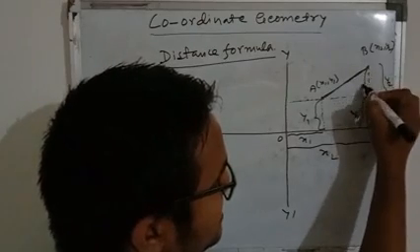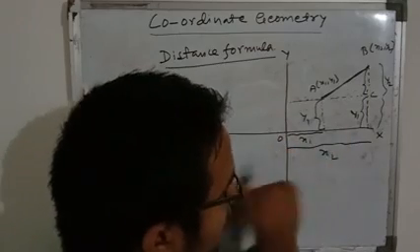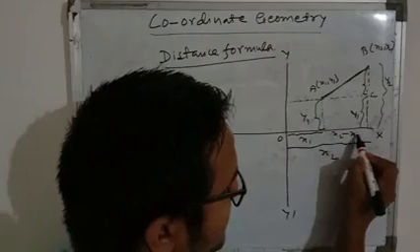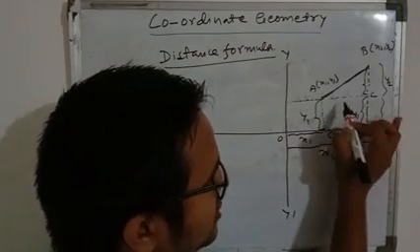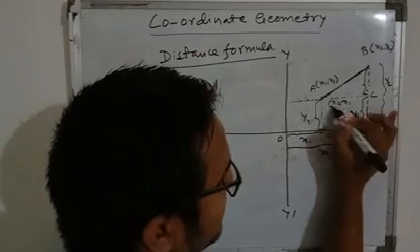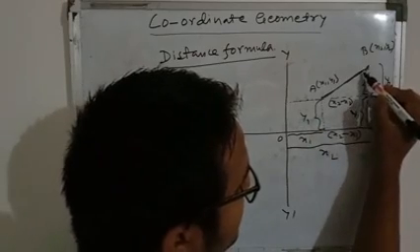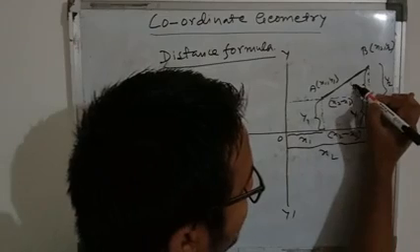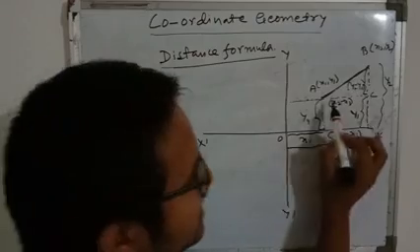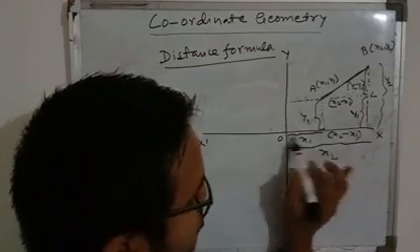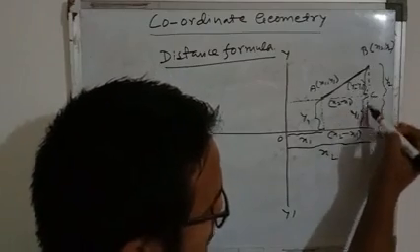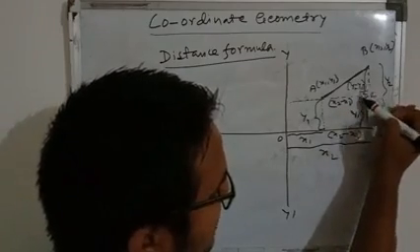Now you see, can we write this distance as x2 minus x1? Yes, so this will be x2 minus x1. In the same way, this distance is y2 minus y1. So this distance is x2 minus x1, and this whole distance is y2 minus y1, and this angle is 90 degrees.